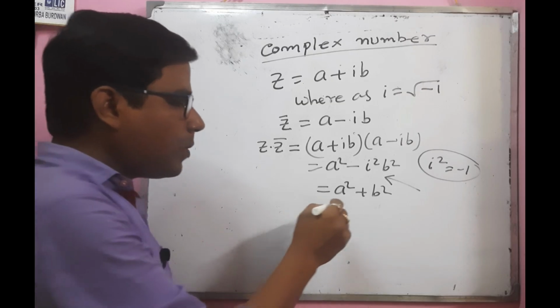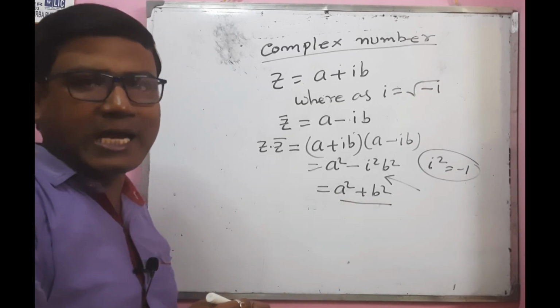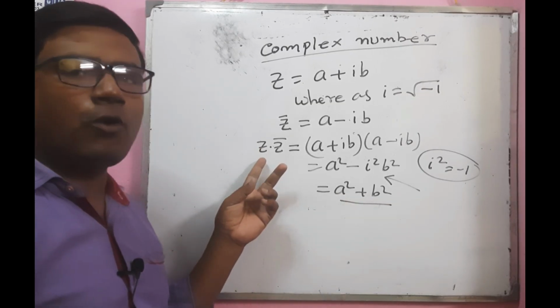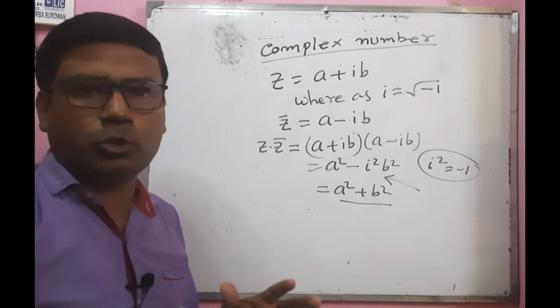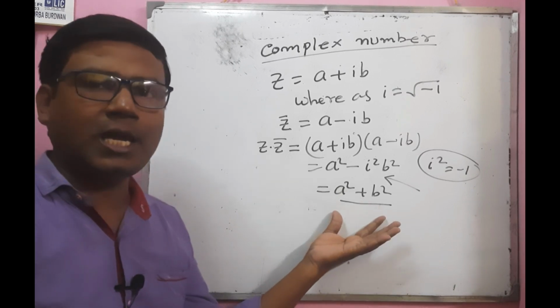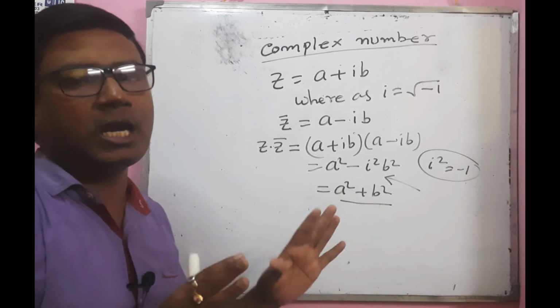So from here we can decide that the product of a complex number and its conjugate is always a pure real number.